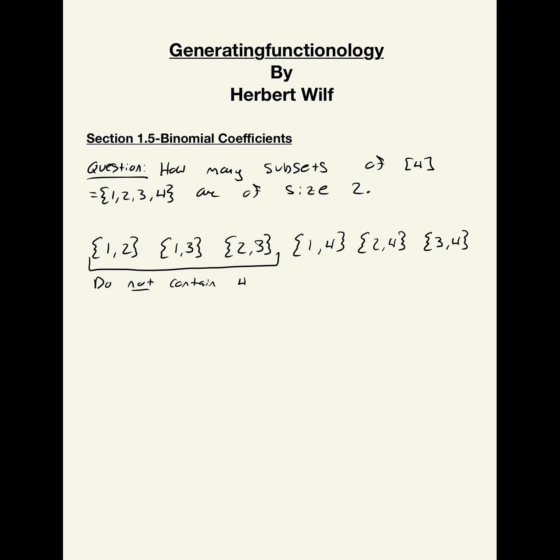These last ones, every single one of them, does contain 4. So we can count all of these subsets by first considering all of the subsets of {1, 2, 3, 4} that don't contain 4, and then adding the number of sets that do contain 4. In this case, the answer to the question is 6 because we were able to write them all out.